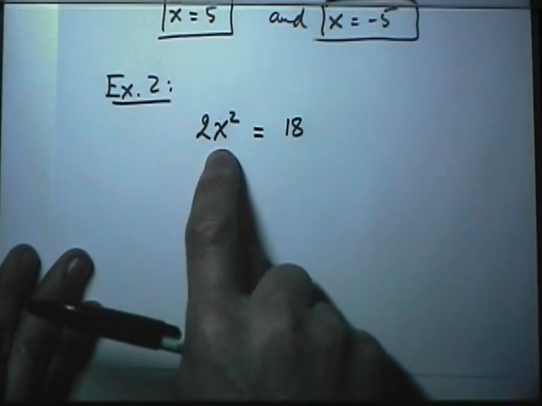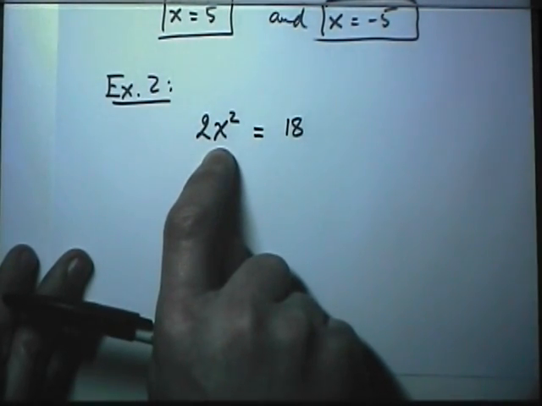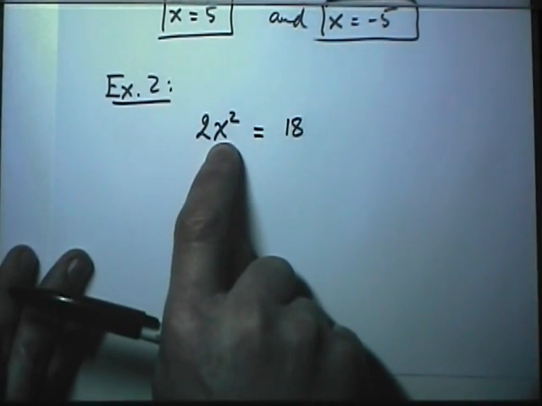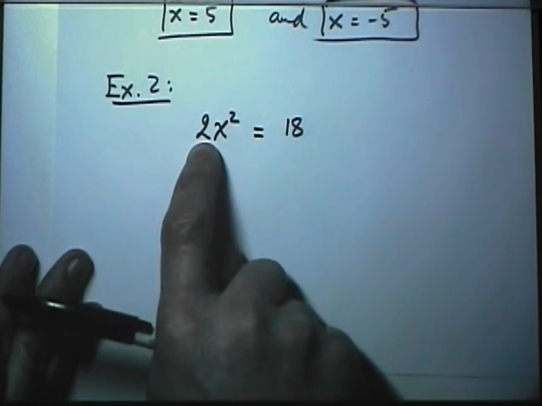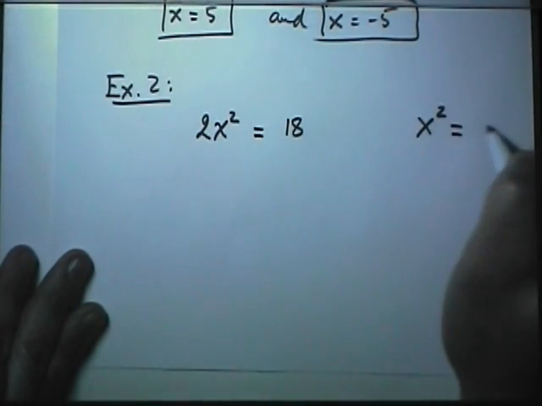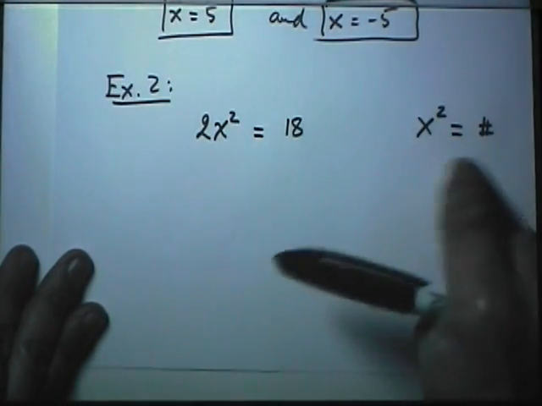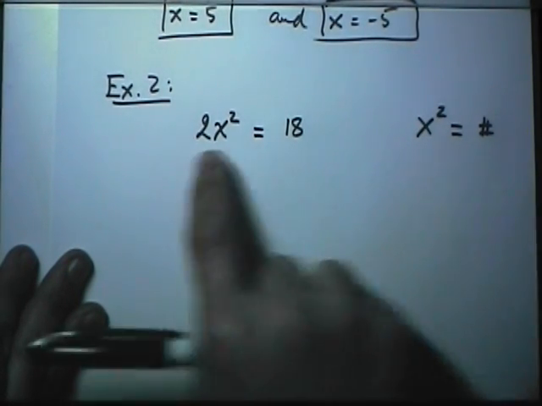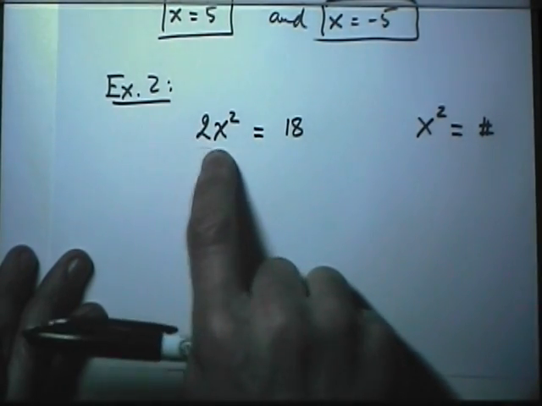Now on the left side, I do not have just simply a square. I have a square and a coefficient in front of it. So what I need to do is bring it back to just the form x squared equals a number. That's where I can use the square root property. But here I don't have just x squared, I have 2x squared.